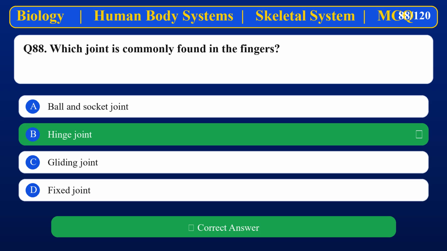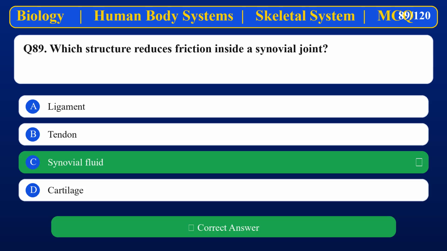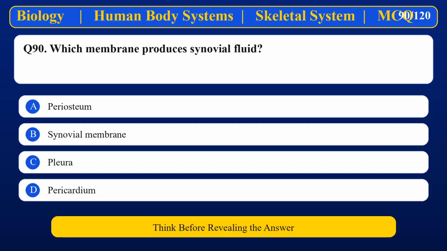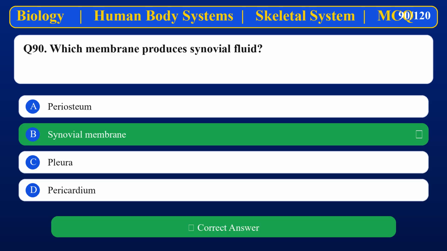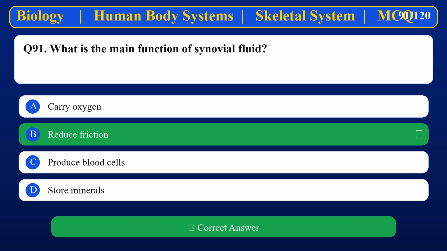Hinge joint. Which structure reduces friction inside a synovial joint? Synovial fluid. Which membrane produces synovial fluid? Synovial membrane. What is the main function of synovial fluid? Reduce friction.